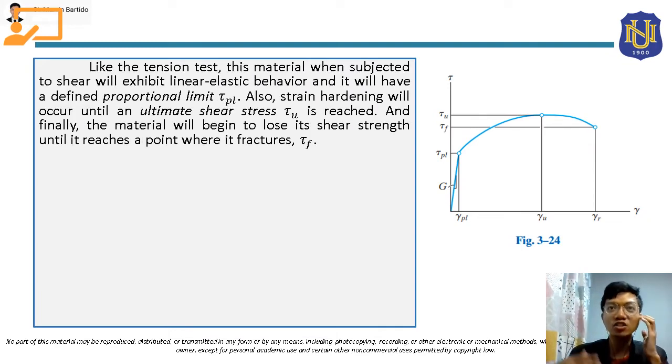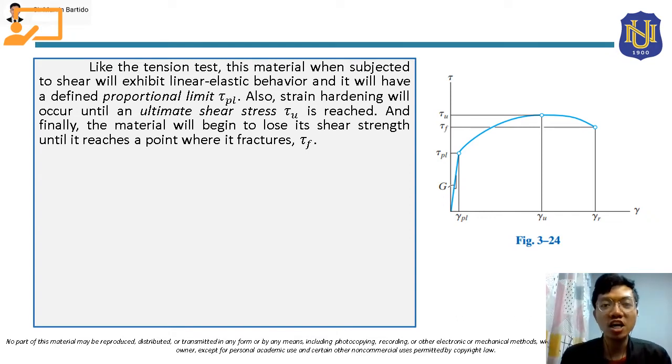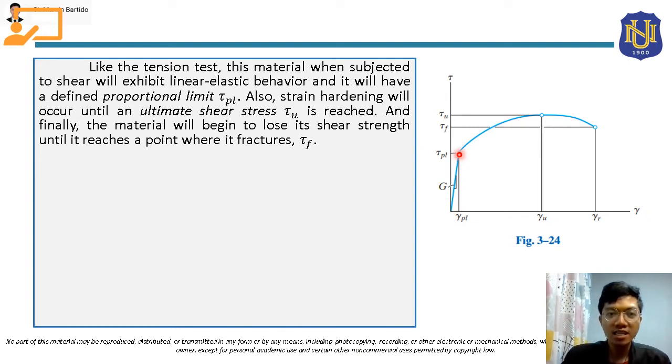Like the tension test, this material, when subjected to shear, will exhibit linear elastic behavior, and it will have a defined proportional limit. This will be a straight line from this point up to this point, the proportional limit, where the stress is tau sub PL.